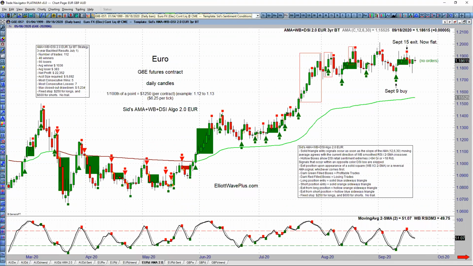Euro on the AMA algo, the momentum algo. Last signal was a buy on September 9. The system exited that trade in profit on September 15. As you can see, many of these algos are continuing to rake in some profitable trades. Those are the green boxes.